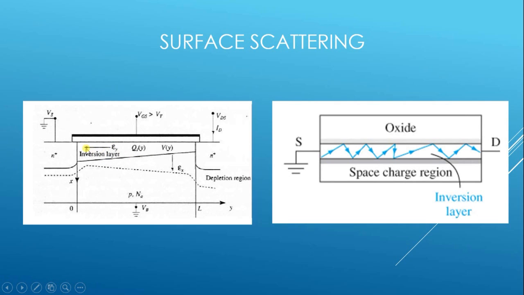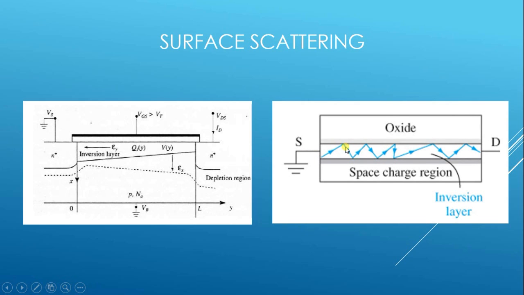So there are two fields in one device which are active. One is EX and another is EY. So because of these two fields, the effective field is actually cross to this, as we can see here. So the electron goes here, bounces back, then again bounces, then bounces, and it goes like this, zigzag path, which causes it to reduce its mobility.